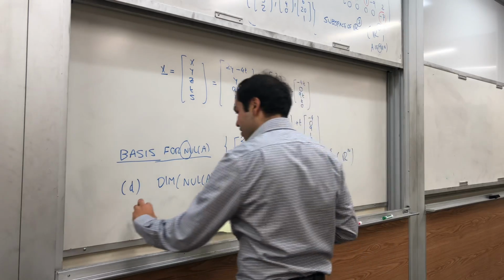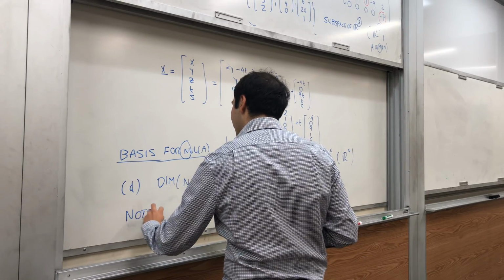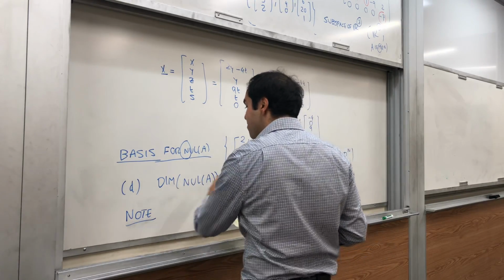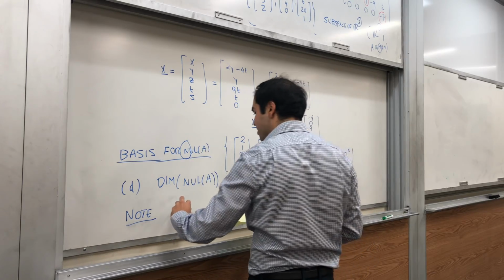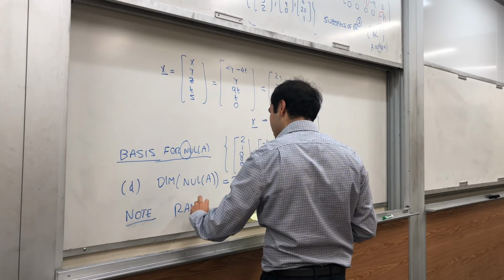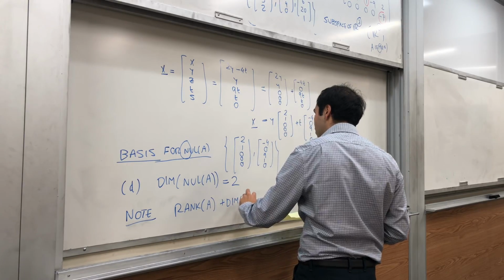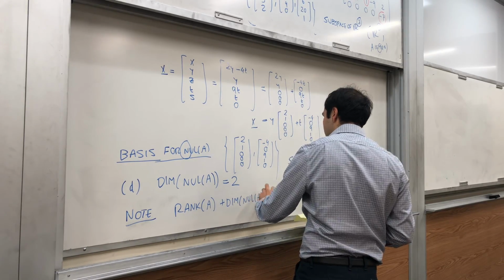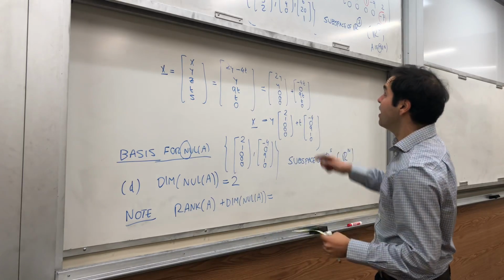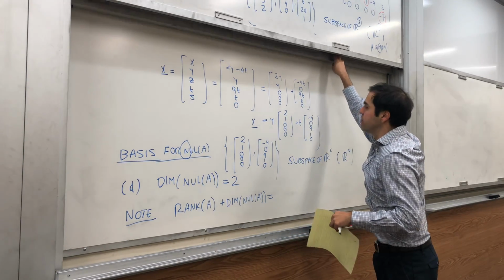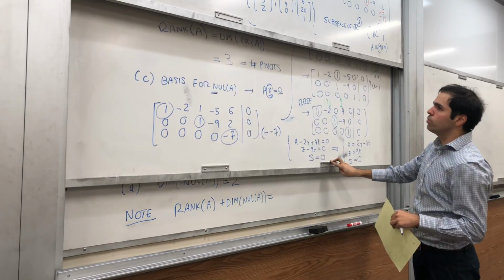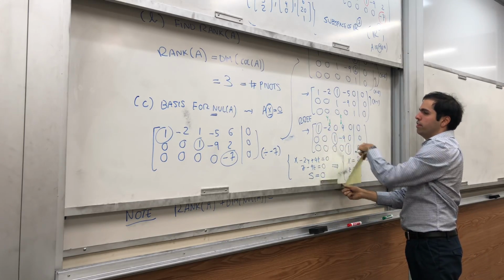So note what happens if you add the dimension of the null space plus the rank. Rank of A plus the dimension of the null space of A. Rank was the number of pivots, which was 3. There are 3 pivots here.